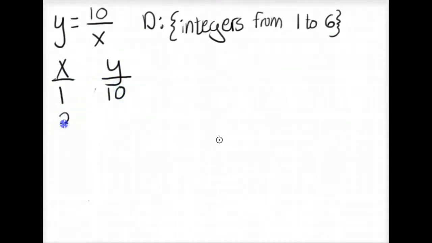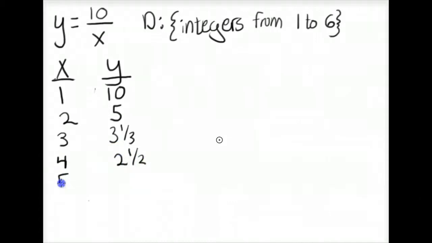If we plug in 2, we get 5. 3 will get us 10 thirds, or 3 1/3. 4 would get us 10 divided by 4, which is 2 1/2. 5 would get us 2. And 6 would be 10 divided by 6, which is 1 2/3.